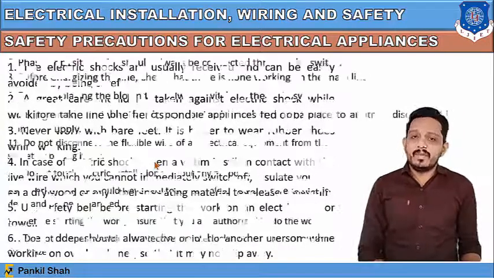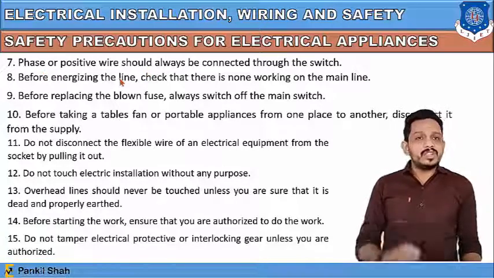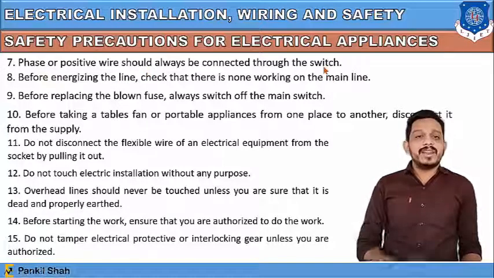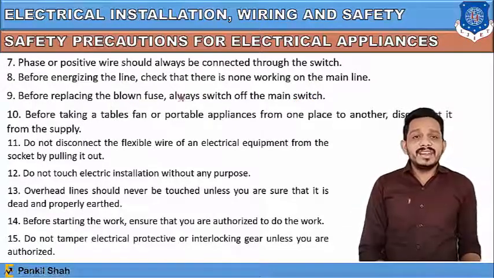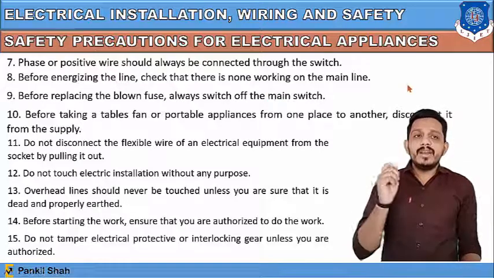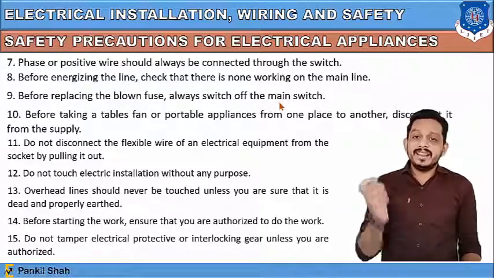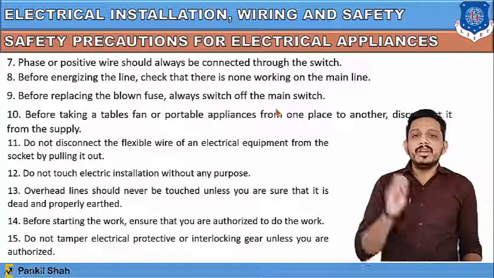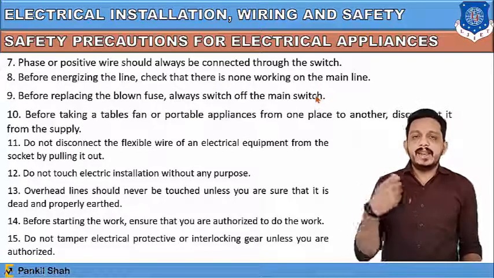Next precautions: the phase or positive wire should always be connected through the switch. It cannot be connected directly. Before energizing the line, check that no one is working on the main line. Means no person should work on the main line, and then you can turn on the lines. Before replacing blown fuses, always switch off the main switch or main supply.